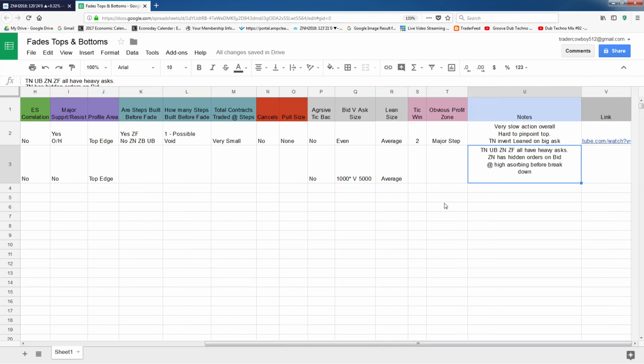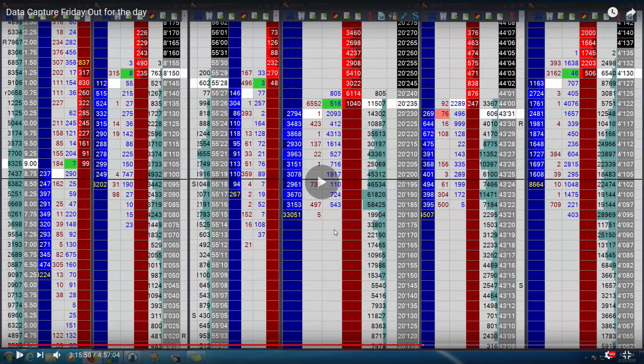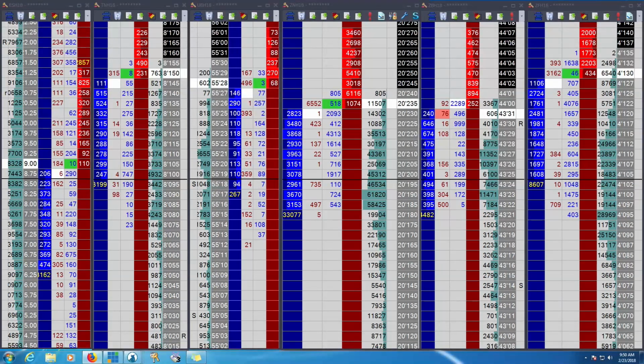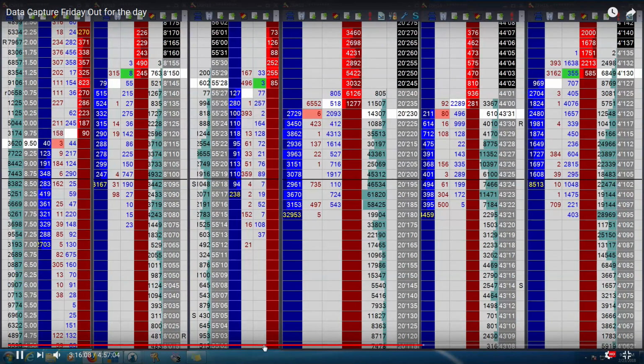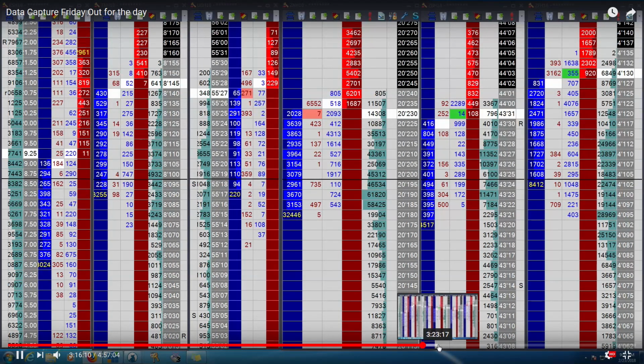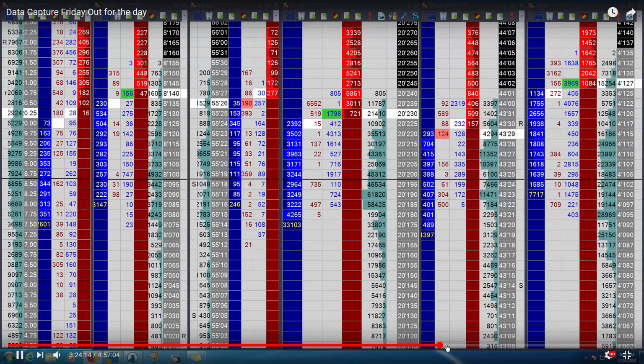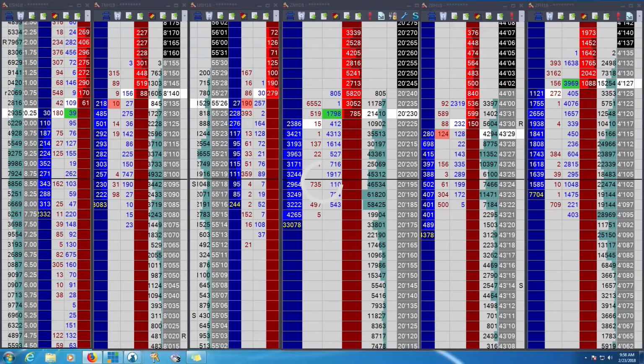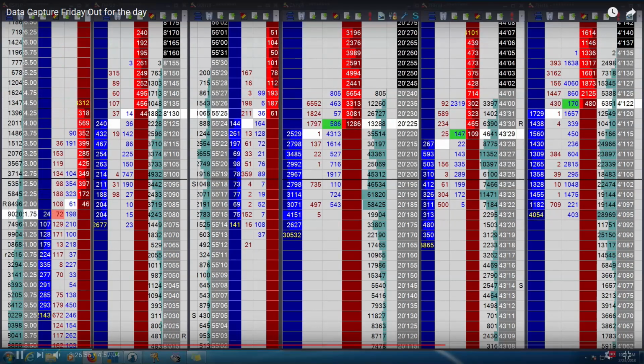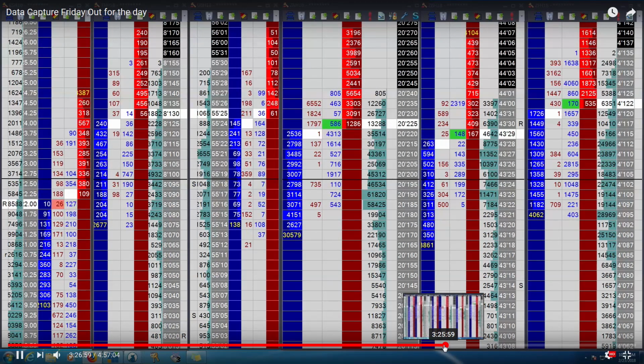Go back. Now, at this point, the ES, we're going to be stuck here. So I'm going to fast forward to 10. So, right. This is where we have a huge breakdown.